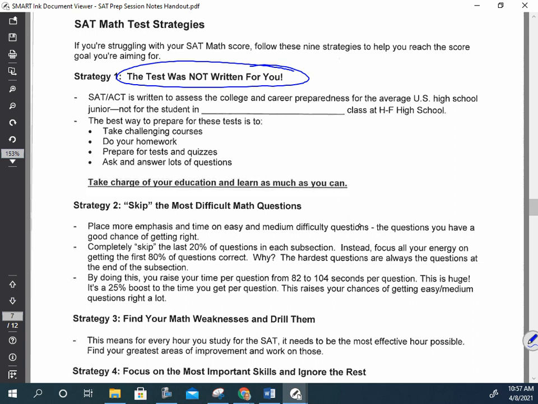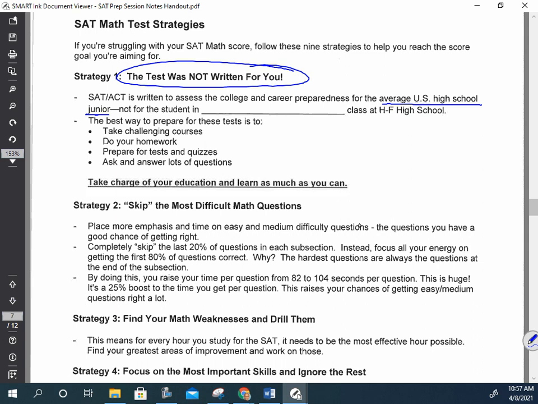They're not writing a test specific to you. They're writing the test for the average U.S. high school student to see what is their level of college readiness in math.